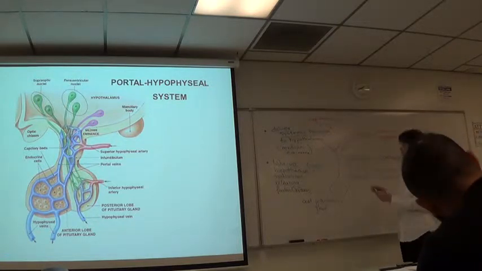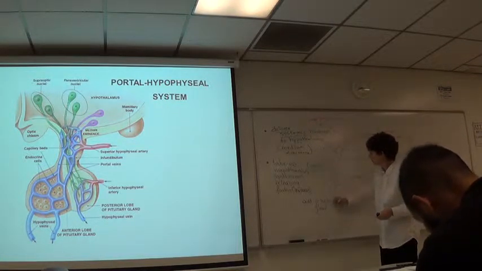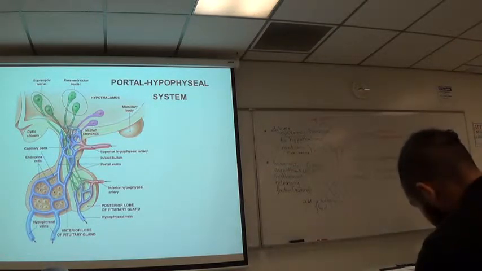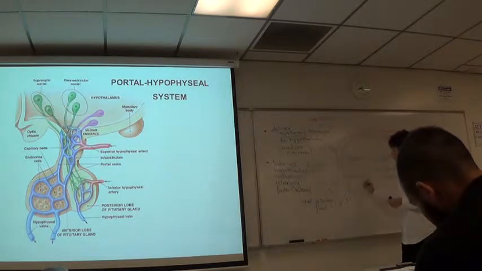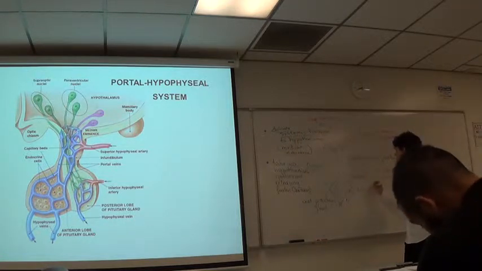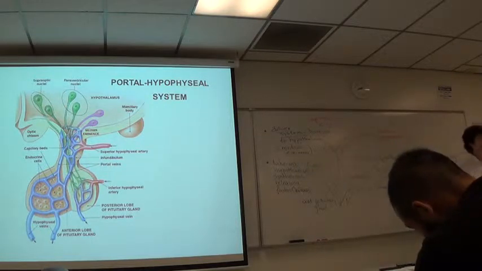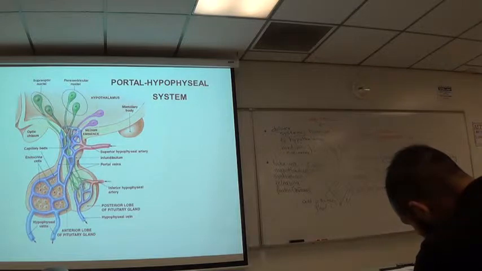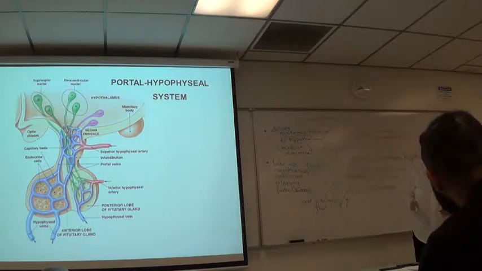So it's going to deliver these releasing factors, and it's going to pick up the hormones, such as prolactin and luteinizing hormone and FSH and TSH and so on. And then these are transported to the body via the hypophyseal veins.